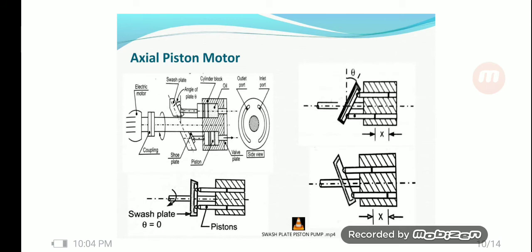When the swash plate rotates, the piston rods at the bottom are connected with a ball arrangement. Due to the angle, the positions of the pistons change. Due to these variations in the positions of the pistons, pressure is created in the cylinder block, and this pressurized oil is given out from the outlet.